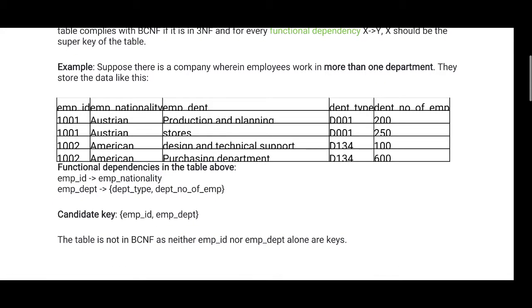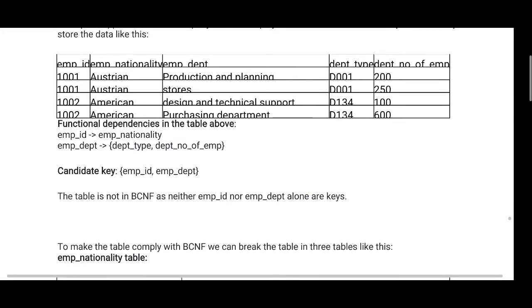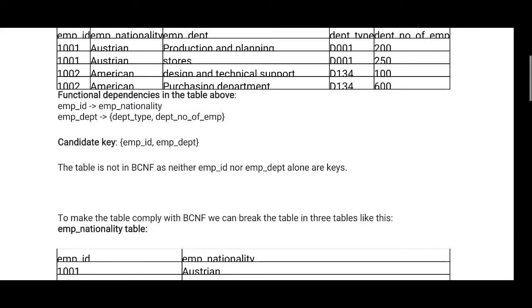Functional dependencies in the table are employee ID to employee nationality, and employee department to employee type and employee department number. The candidate key here is employee ID and employee department. The table is not in BCNF as neither employee ID nor employee department alone is a key.